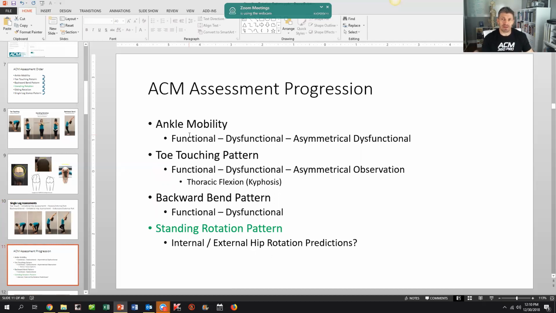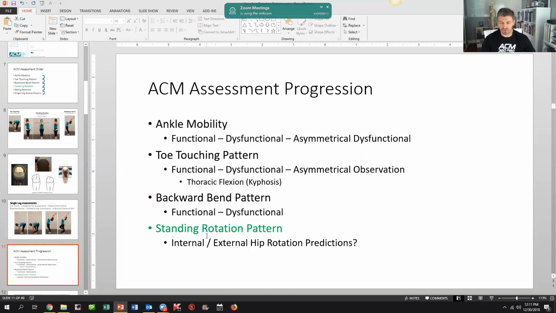And so just keep that in mind. If you find a functional ankle mobility and a functional toe touch and a functional backward bend, then you're not really going to predict. You still want to check, but you're not assuming a big potential problem with the standing rotation.